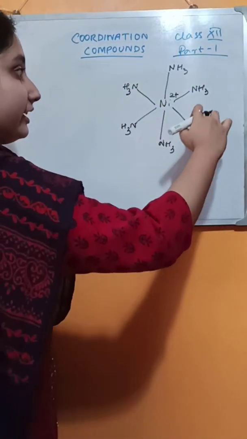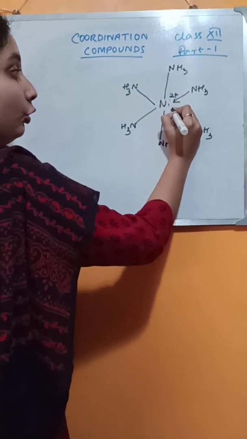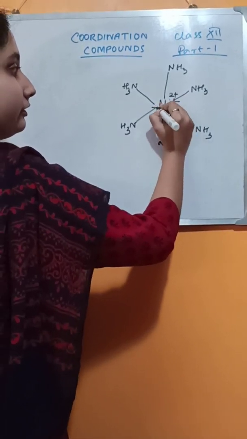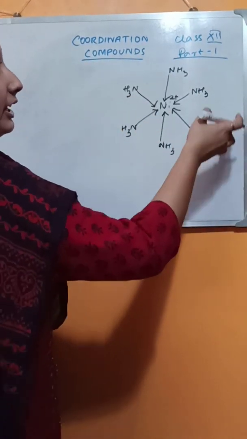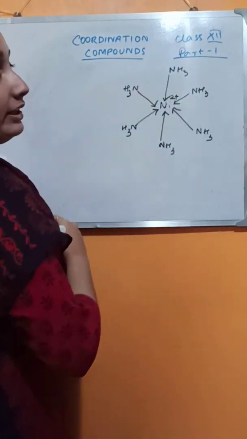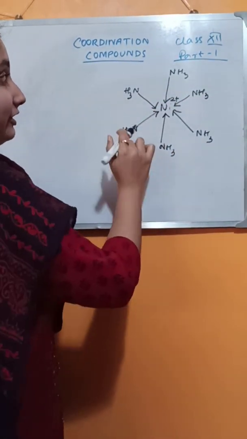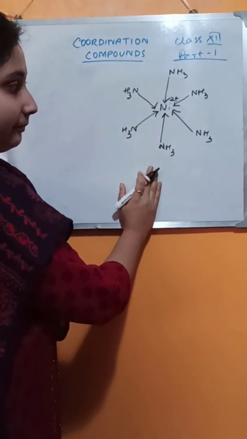What will these 6 NH3 do? These 6 NH3 will donate electron pairs completely, thereby forming 6 coordinate bonds. So this type of compounds are known as coordination compounds.